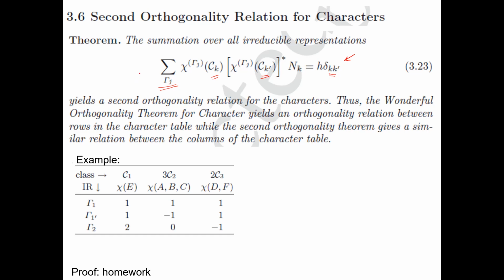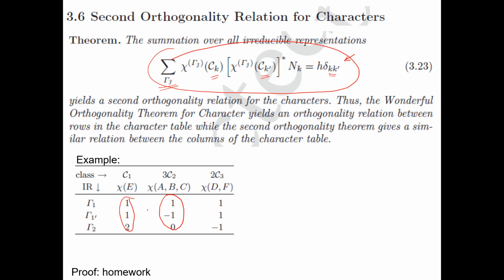But let me just work out some examples here. Let's use this relation to verify this theorem for the group P3 using this character table. For instance, let's do the orthogonality between the class C1 and the class C2. That means I have to sum over all representations.